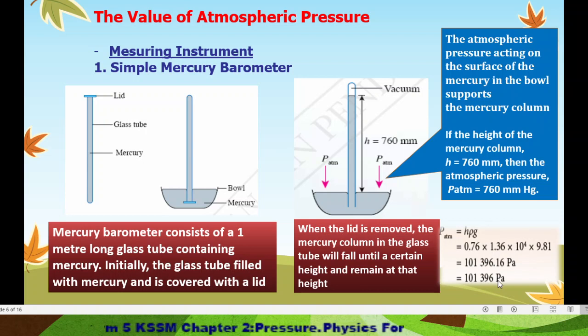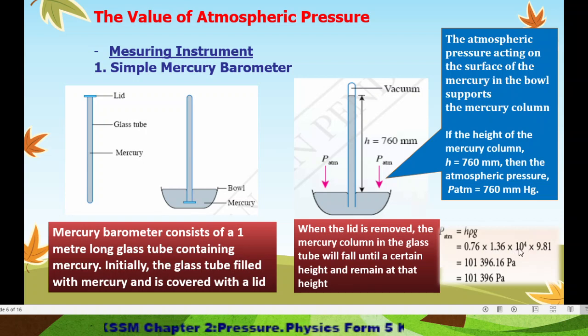How to convert to Pascal? This is millimeter mercury. Sometimes we need to state it in another unit, for example, the SI unit Pascal. So we can use the formula h rho g. 760 millimeter is the height here, and then we can convert it to meter. So it's 0.76 times the density of mercury.